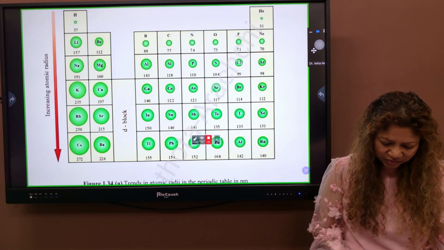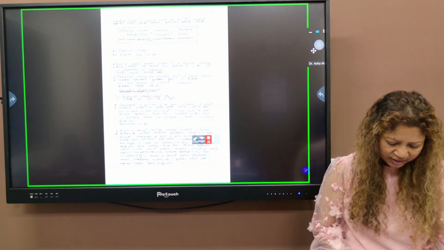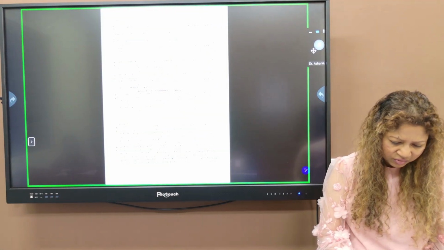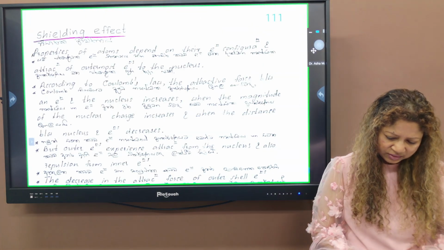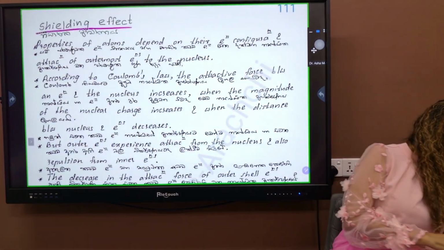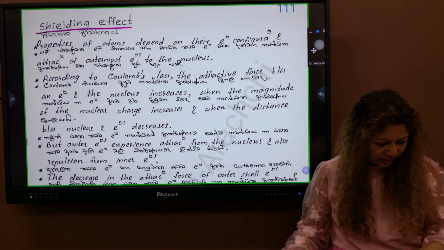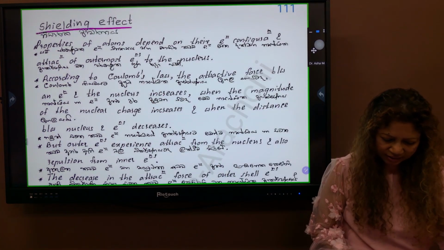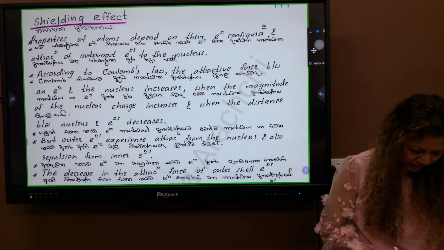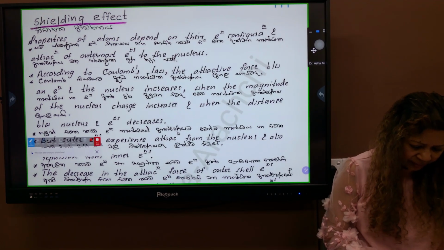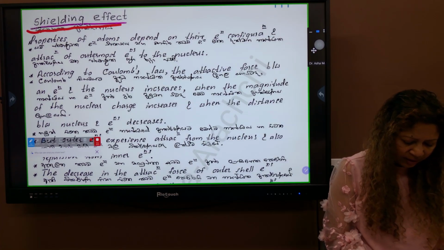So let's move on to this shielding effect, because we did Coulomb's law. Okay, let's read. You guys can go through the board screen. Shielding effect.